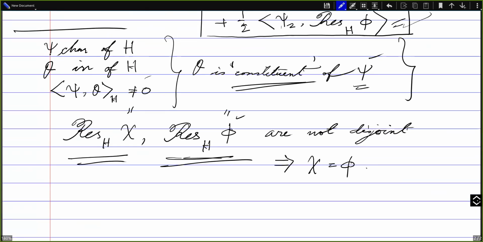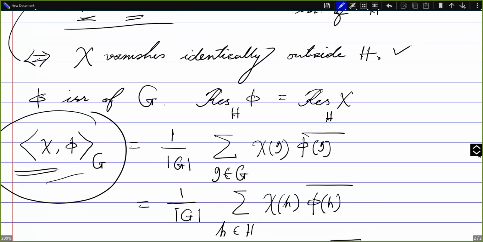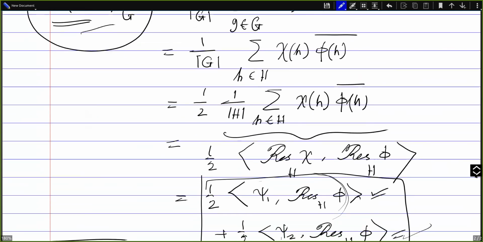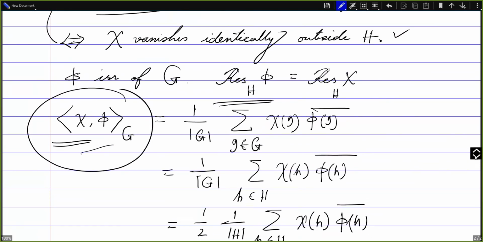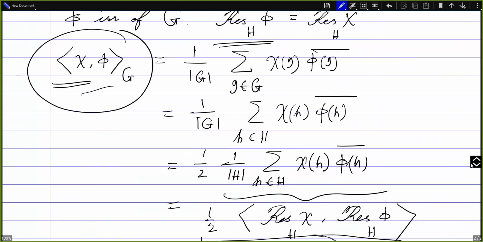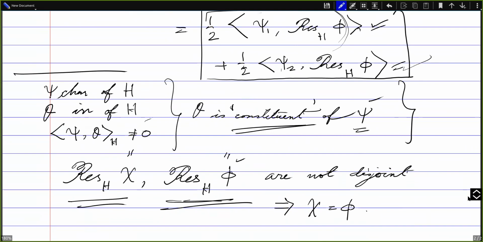So in the situation when the restriction is not irreducible, then for any other restriction not disjoint.